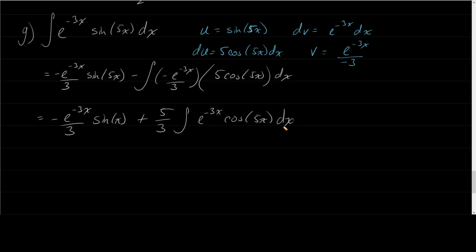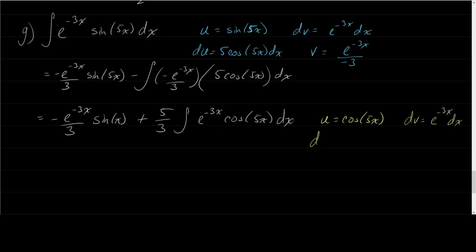And what you'll note there is that I once again need to do integration by parts. So what I'm going to do here is let u be equal to cosine of 5x, right? And I'm forced to make that be the u because I started with u being the trig stuff at the very beginning. So we need to be consistent and continue to let u be the trig stuff. So then dv would be the rest, which is just e to the negative 3x dx.